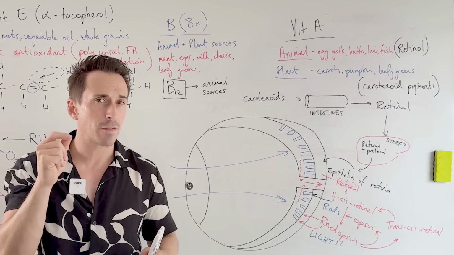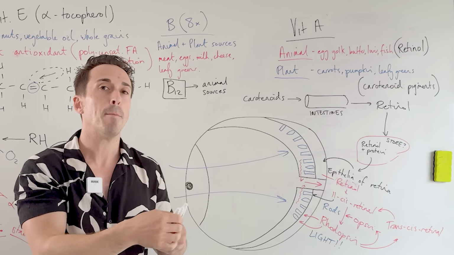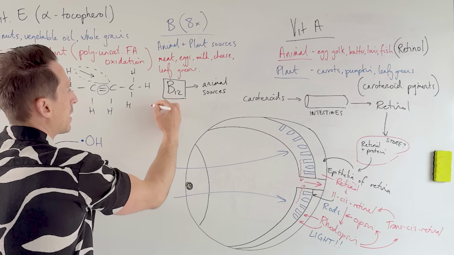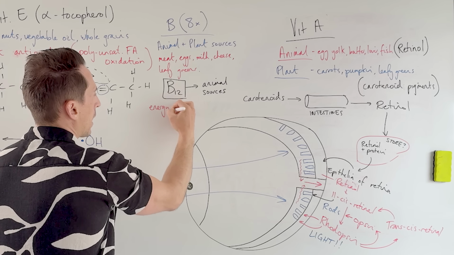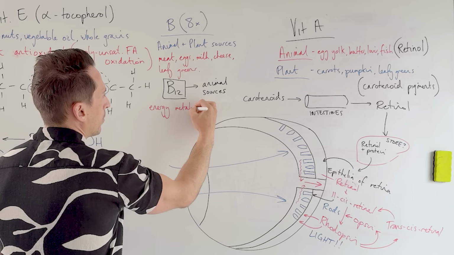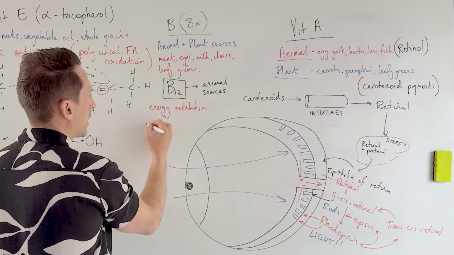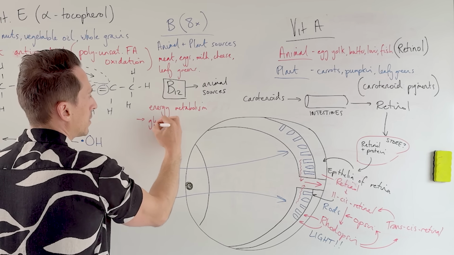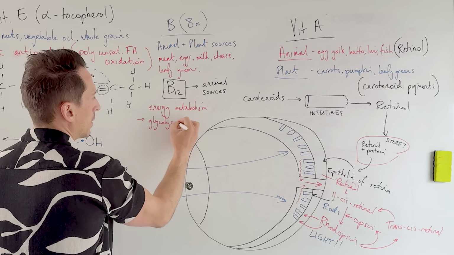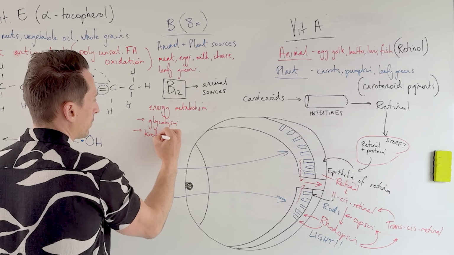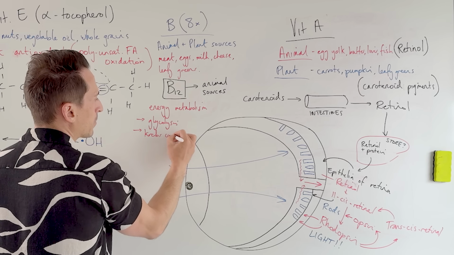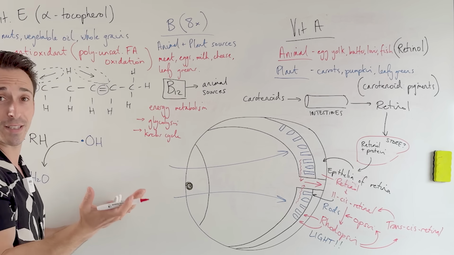Like I said, watch the video for the specifics, but they are involved in energy metabolism. So think about things like glycolysis and the Krebs cycle. Now, the Krebs cycle is important because all roads lead to Krebs.